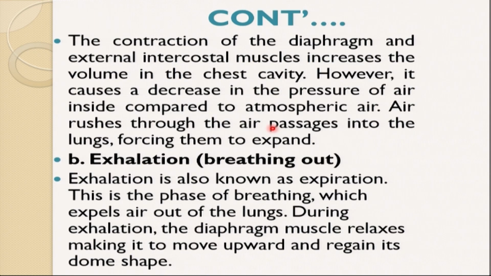The contraction of the diaphragm and the external intercostal muscles increases the volume in the chest. When the external intercostal muscles contract, the internal ones relax, and the diaphragm also contracts, that eventually increases the volume of the chest cavity.